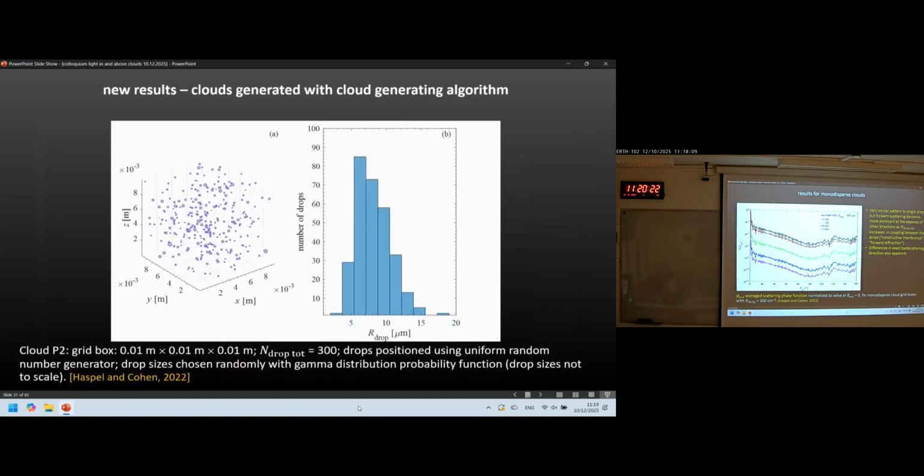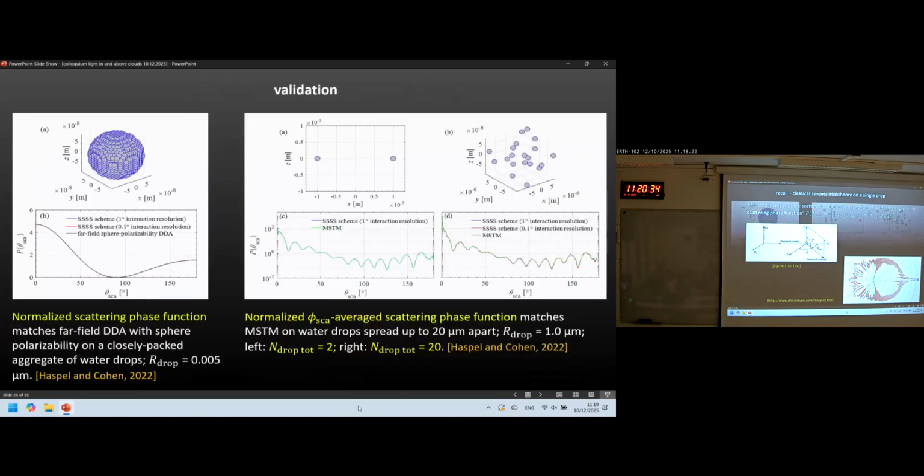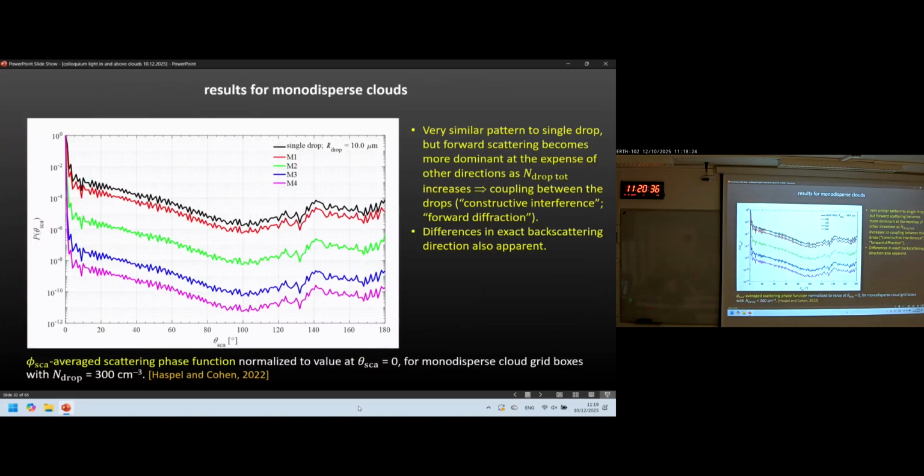Well, we saw that even for just one drop, right? Just one drop looks like this. And it turns out as we add more and more drops, that forward scattering just grows more and more. There's a sort of, sorry, after three hours of teaching, a sort of constructive interference going on in the forward direction that keeps growing that energy in the forward direction.